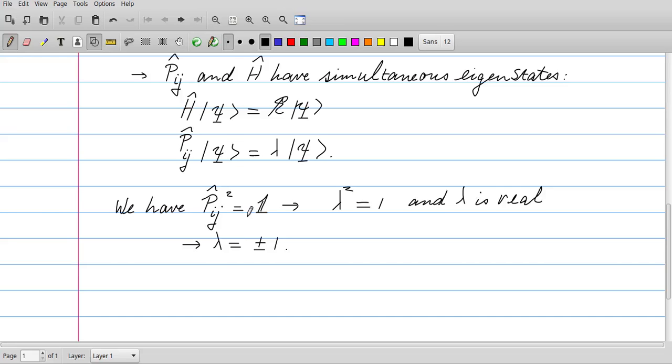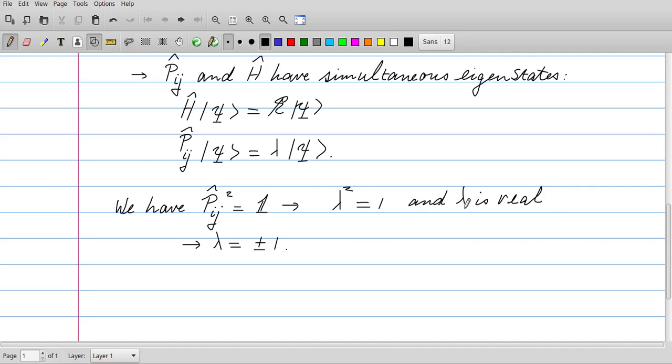Well, from this we can infer that, of course, acting with Pij squared on an eigenstate, we get an eigenvalue lambda squared. And because the result is the unit operator, lambda squared should be 1.